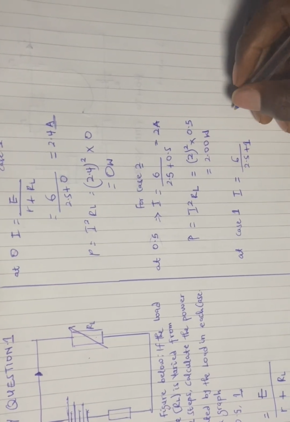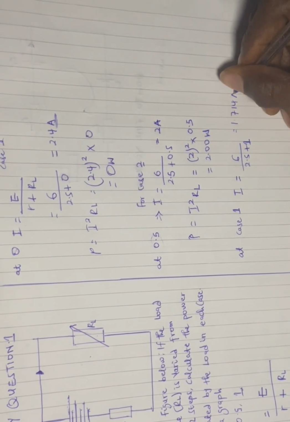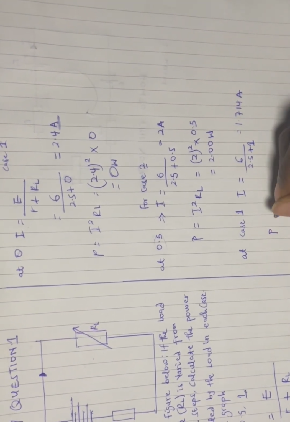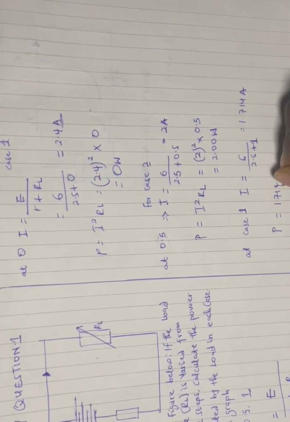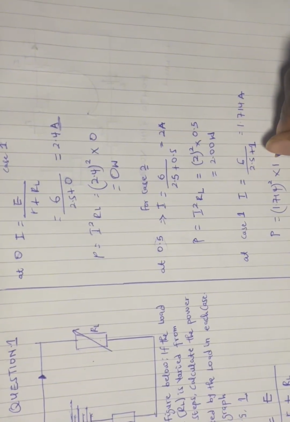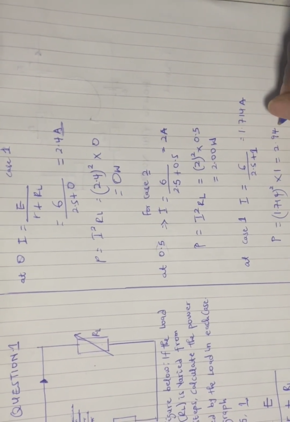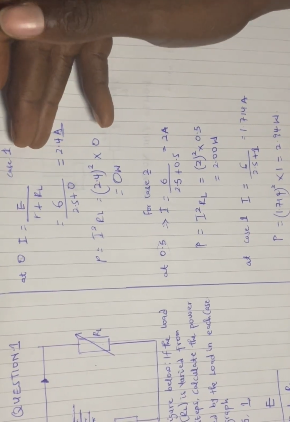That's going to give us 1.714 amperes. So we find our power. Power will be equal to 1.714 squared times 1. That's going to give you 2.94 watts.